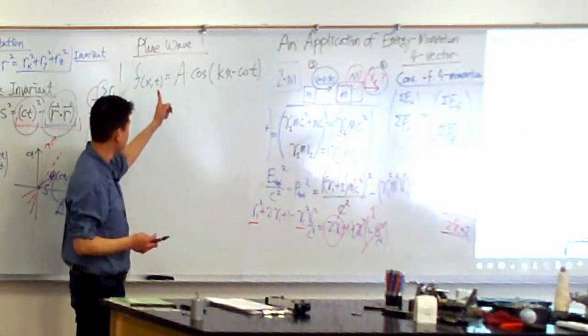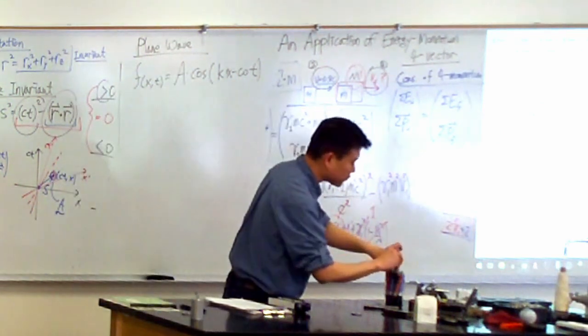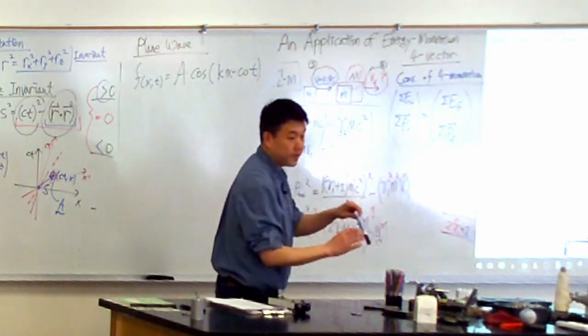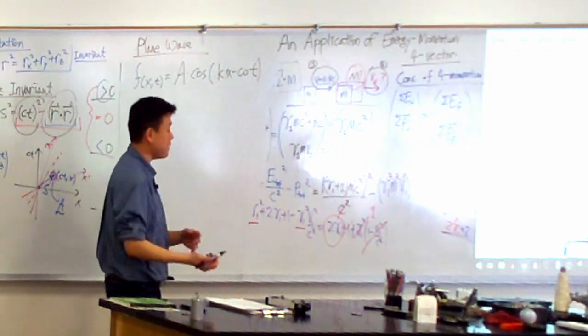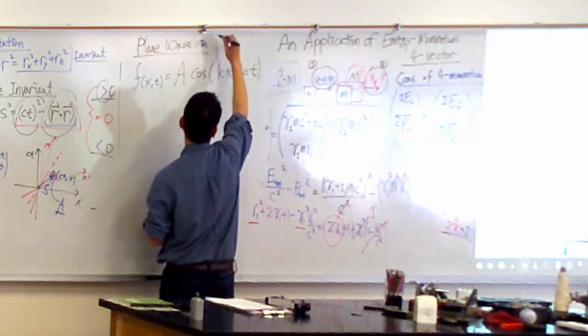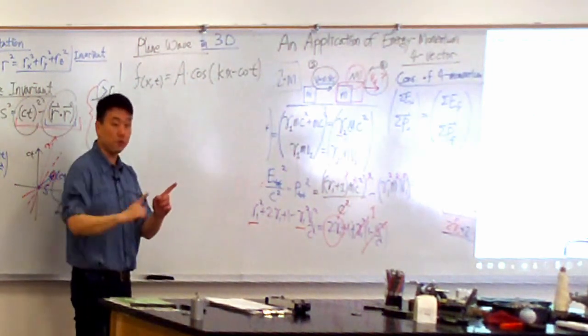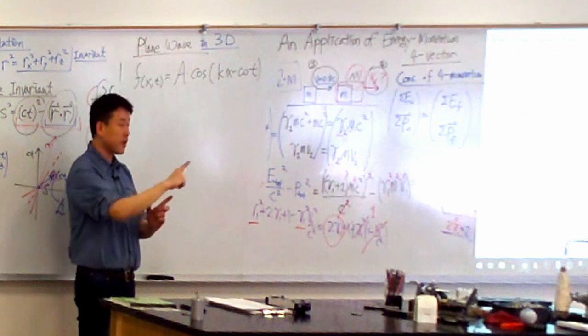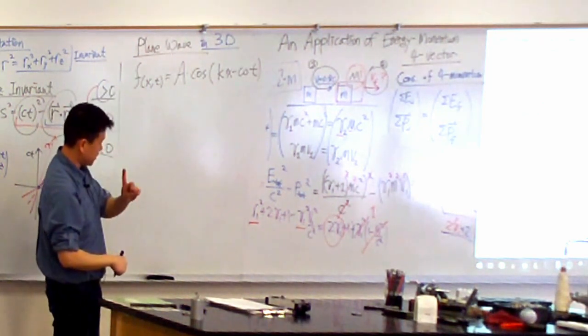I have only one space coordinate. Let's say I don't want to restrict myself to 1D anymore. I want instead to describe plane wave in 3 dimensions. It's still a plane wave. It's still going in one direction, but I want that direction to be arbitrary. Then this is the modification I need to make.